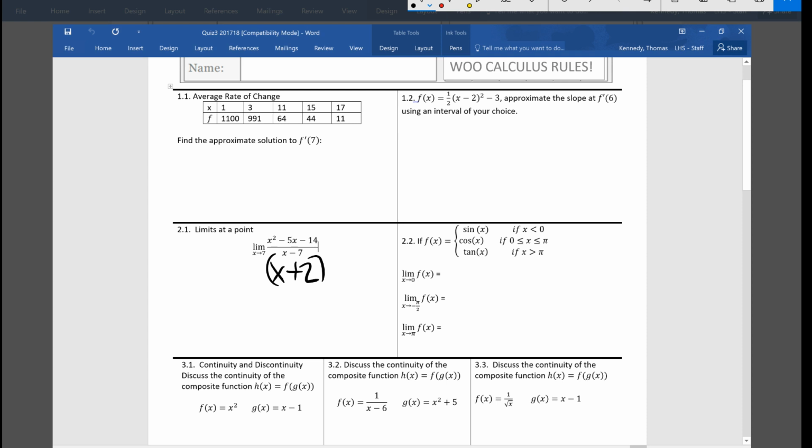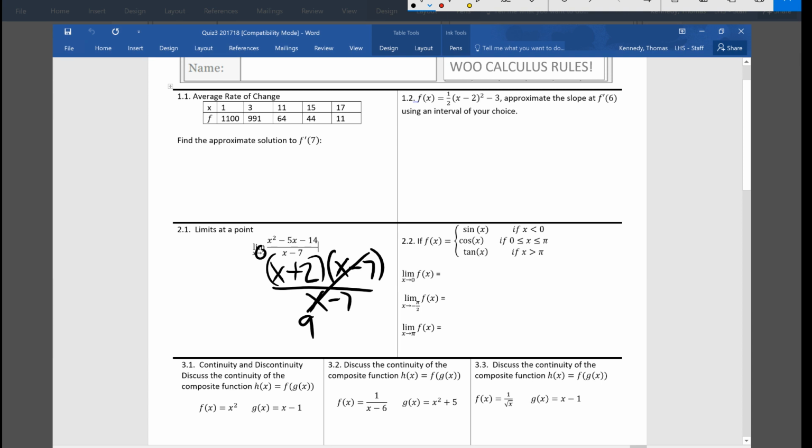I'm watching myself watching me talk to you all too, on dual screens. That's very exciting. So if you go back to the top, you can cancel out an x minus 7. And then you just plug in 7 and you get 9 in this one, and in the other version you got something different. But it was the same idea. You just plug in whatever your limit is once you cross out the hole.